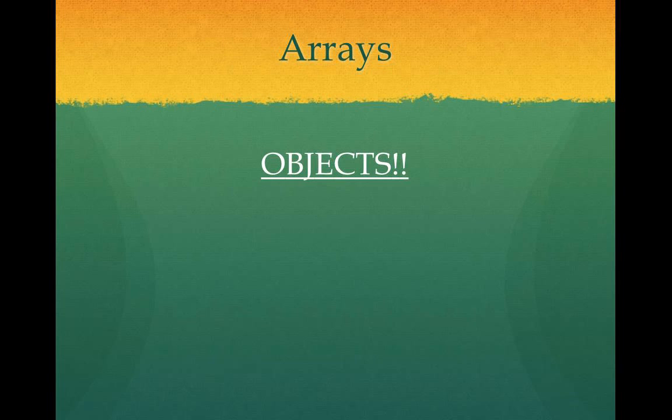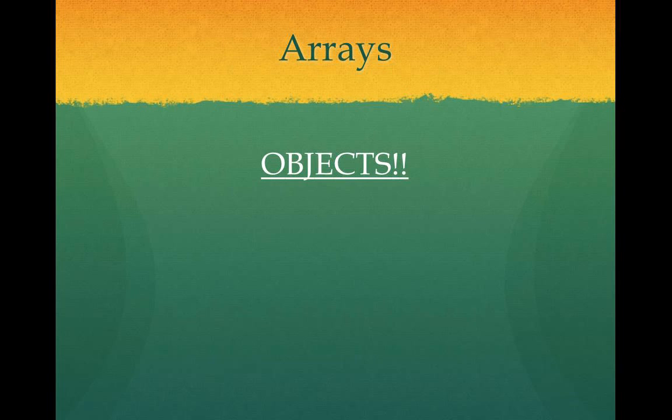So I can have an array, for example array 1, that contains at index 0 a string, at index 1 an integer number, and at index 2 let's say an instance of rectangle. So anything can be inside these arrays.